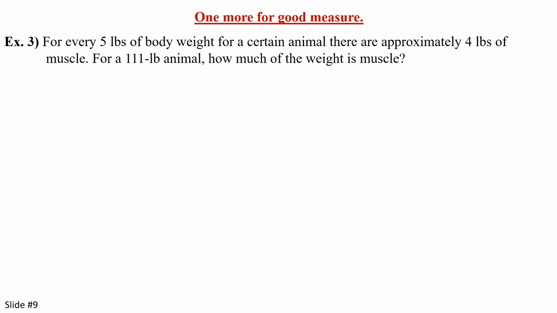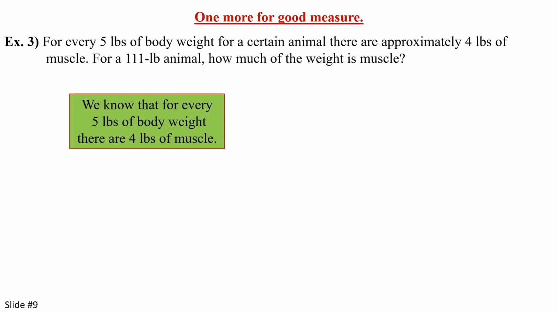Example 3. For every 5 pounds of body weight for a certain animal, there are approximately 4 pounds of muscle. For a 111-pound animal, how much of the weight is muscle? Well, we know that 5 pounds of body weight have 4 pounds of muscle.